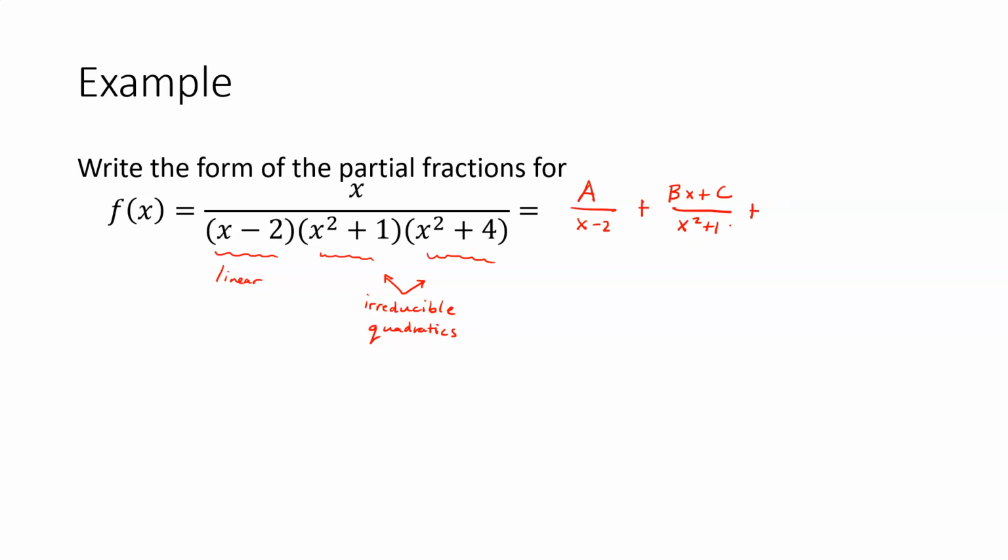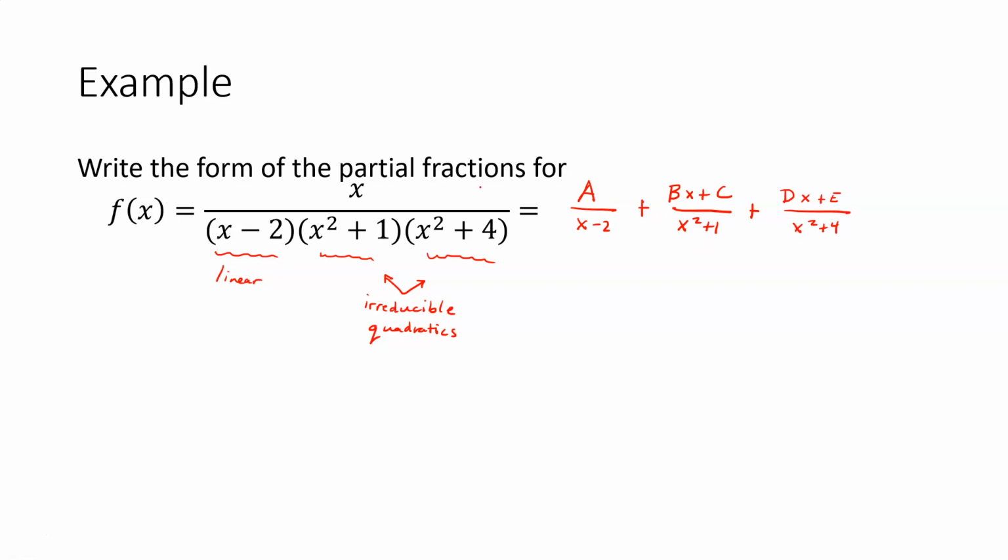And then same for x squared plus 4, that's also an irreducible quadratic. So I'll have Dx plus E over x squared plus 4. Okay, so again here we would have five constants that we would need to solve for to get the full partial fractions.